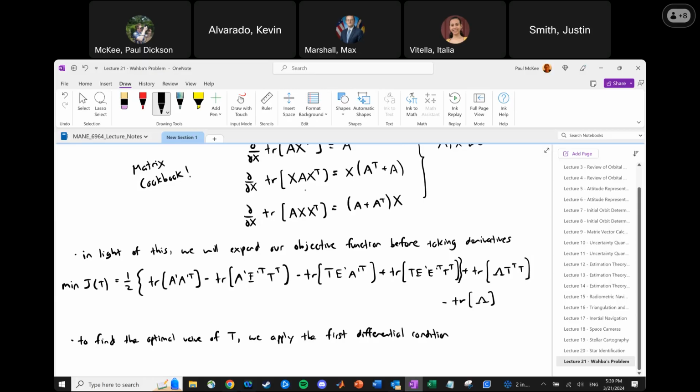That's going to look like the derivative with respect to t of j of t is equal to 0.